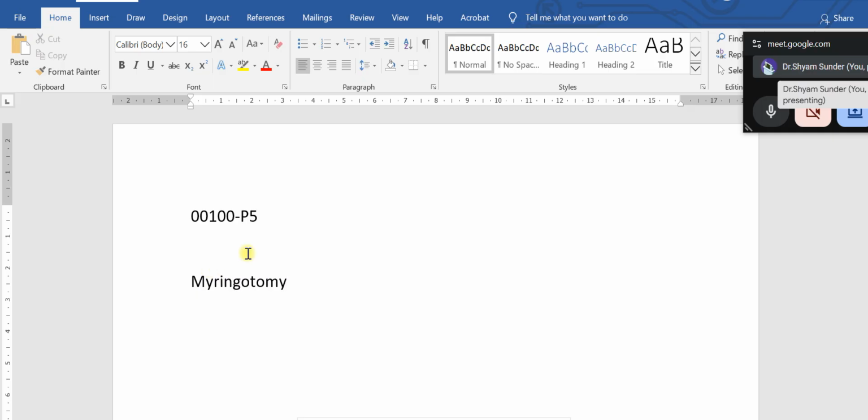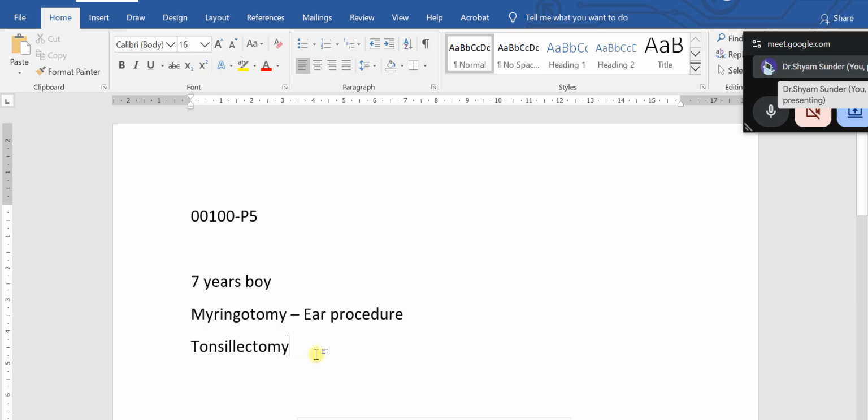For example, myringotomy plus tonsillectomy in a 7 year old boy. Two surgeries are done. Myringotomy is an ear procedure. Tonsillectomy is in the mouth, an oral procedure.